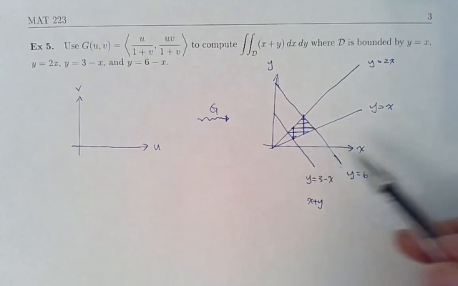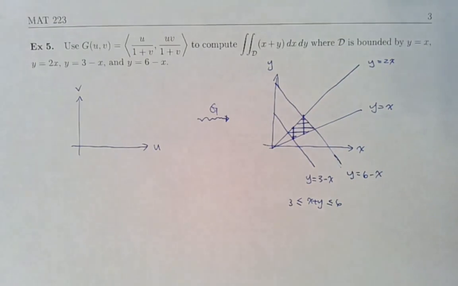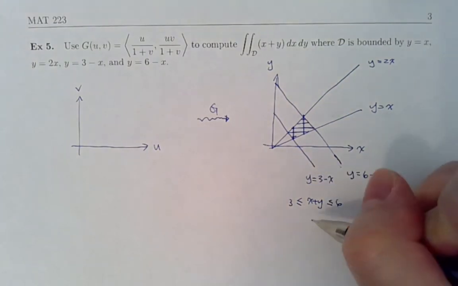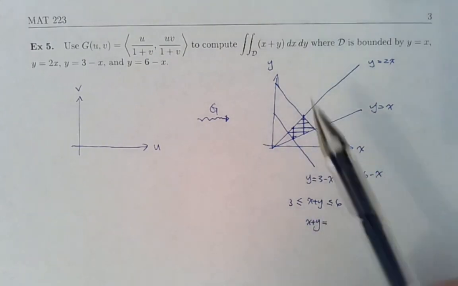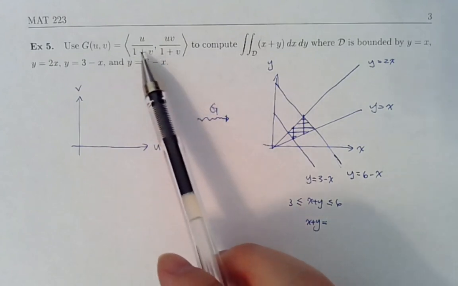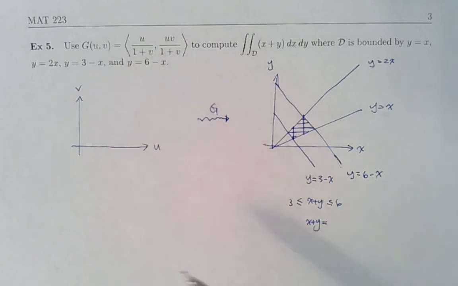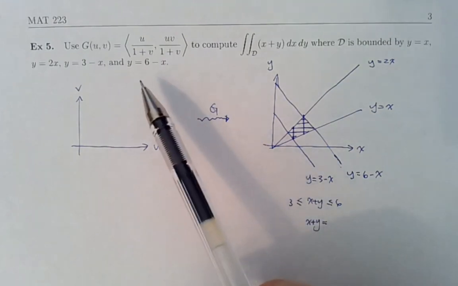So we're in between these 2 lines, so x plus y is between 3 and 6. Now what is x plus y? We have this map given to us. We don't know why someone would give us this map. Where did that come from? I'll show you in a moment, or maybe in 3 moments. But for now, let's use that.